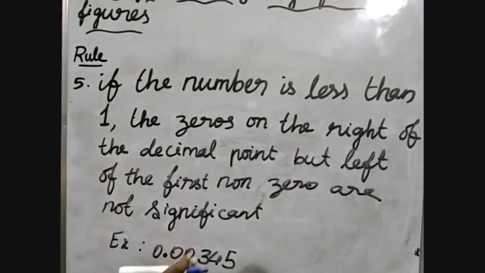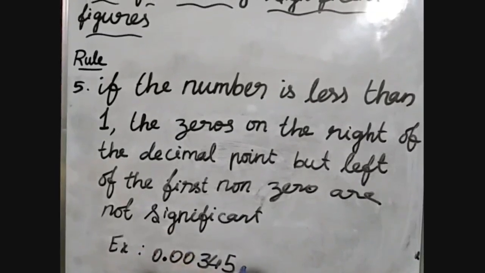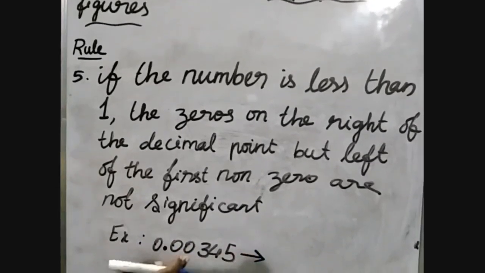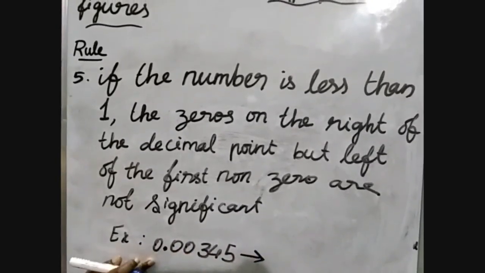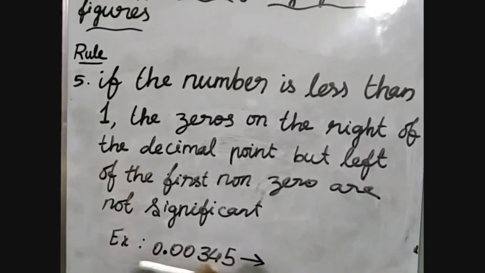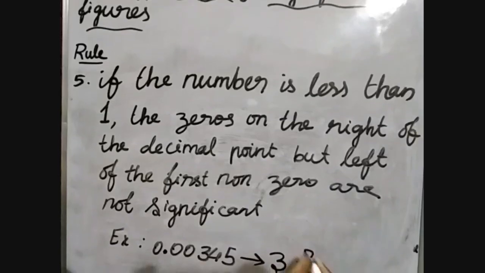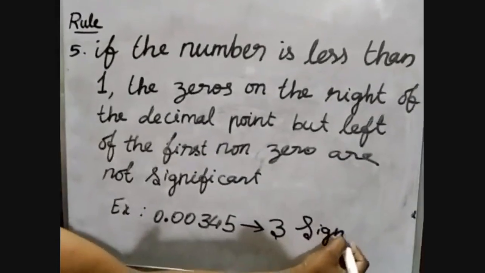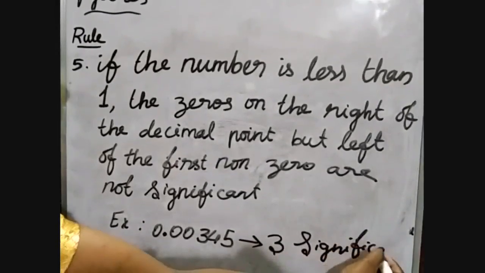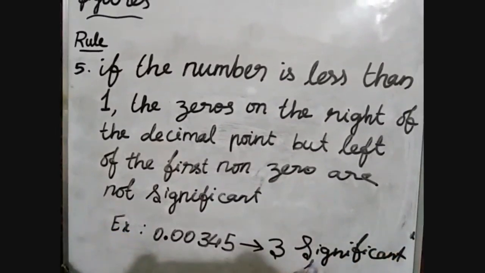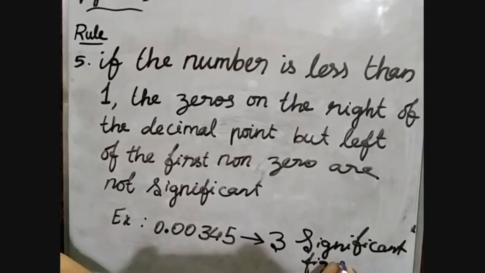So these 2 zeros are not significant. So these 3 are significant figures. So this number has 3 significant figures.